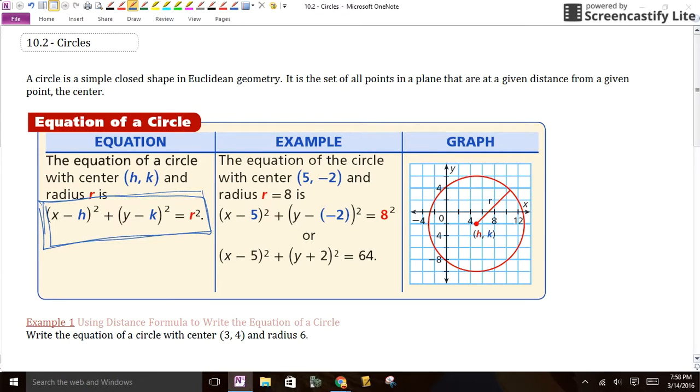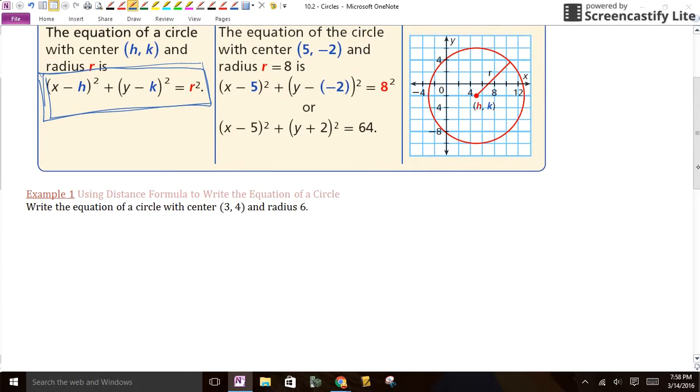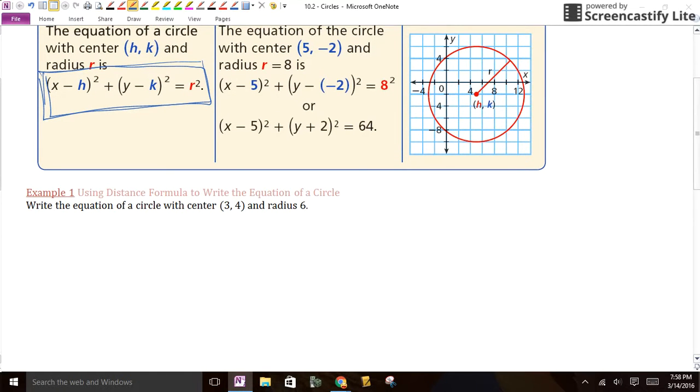The equation then is kind of generic. You see an example there next to it. You see a drawing of the graph even next to that. So that is how I make an equation of a circle. I might even want to show you, using the distance formula, how this was created. So you can kind of see the distance formula creating this equation that we have.